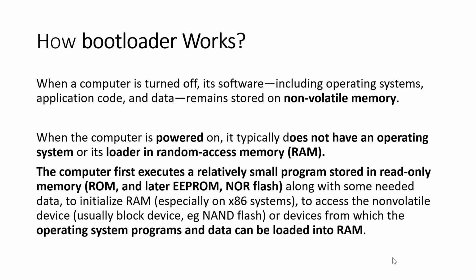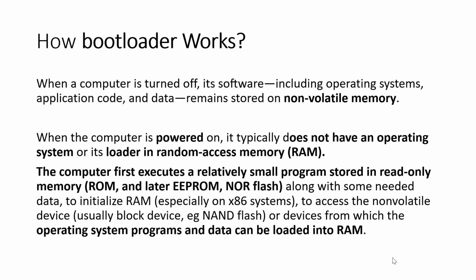The computer first executes a relatively small program stored in ROM, read-only memory, and later EEPROM and NOR flash, along with some needed data to initialize the RAM, especially on x86 systems, to access the non-volatile devices, usually block devices like hard disks, or devices from which the operating system program and data can be loaded into RAM.